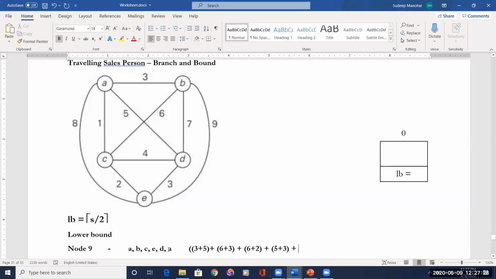Next is E. For E, it is E to C, E to D. E to C is 2, E to D is 3. 2 plus 3.